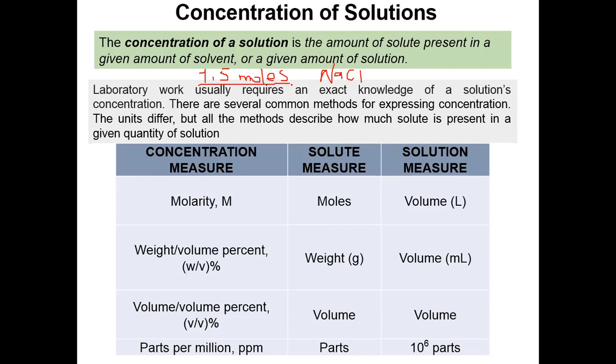But if we specify that I want to take 1.5 moles of sodium chloride and dissolve it in 1 liter of water, or whatever amount of water, then I can find the concentration of sodium chloride in solution.